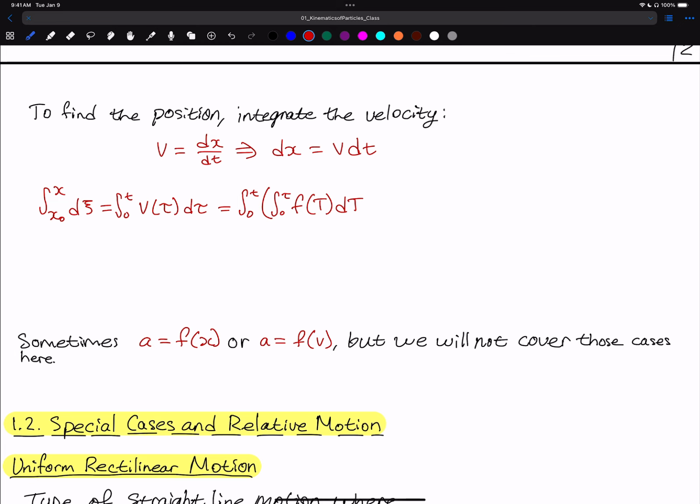We're now using a second dummy variable, big T, plus v0 d tau.